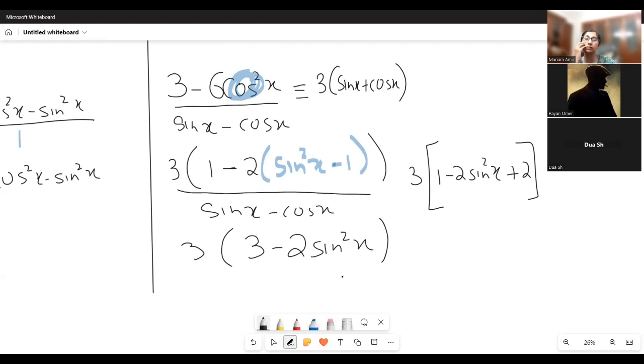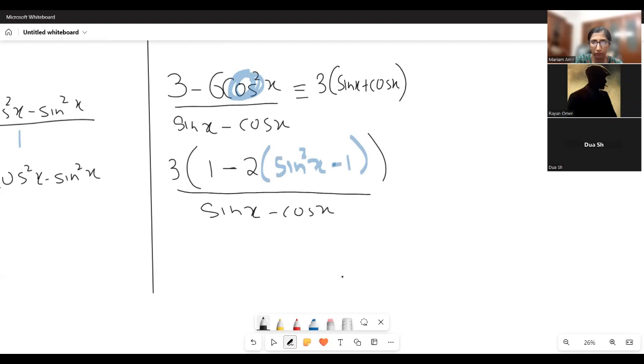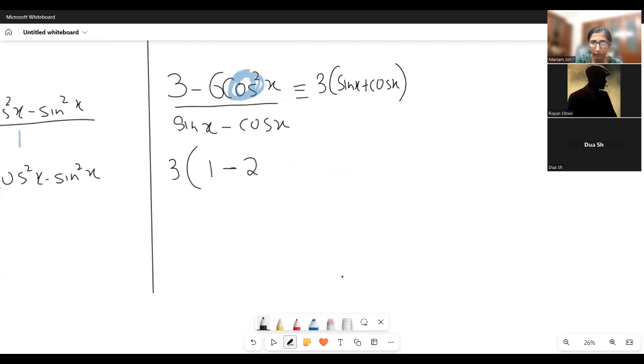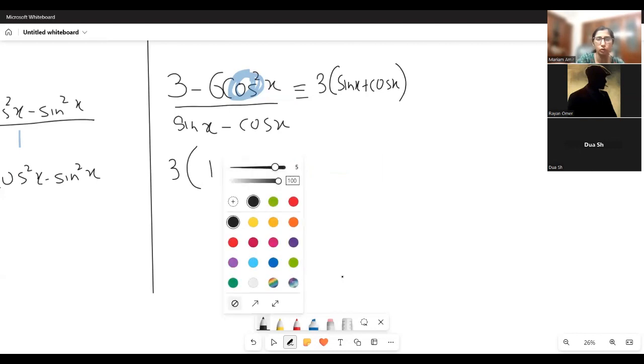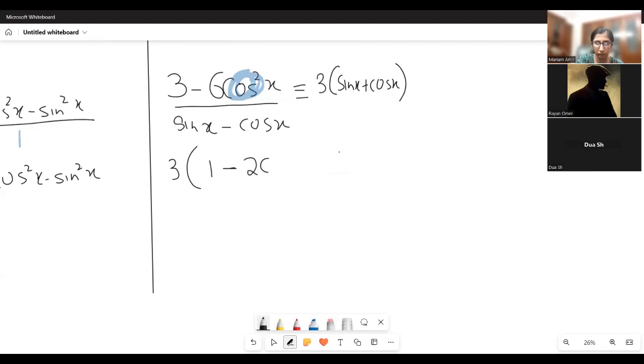So no, this is not taking us anywhere. I need both sine and cos. How do I get both sine and cos? Let's see. So clear this. Let's take 3 common, and we get 1 minus 2 cos square x. Let's just stay here.